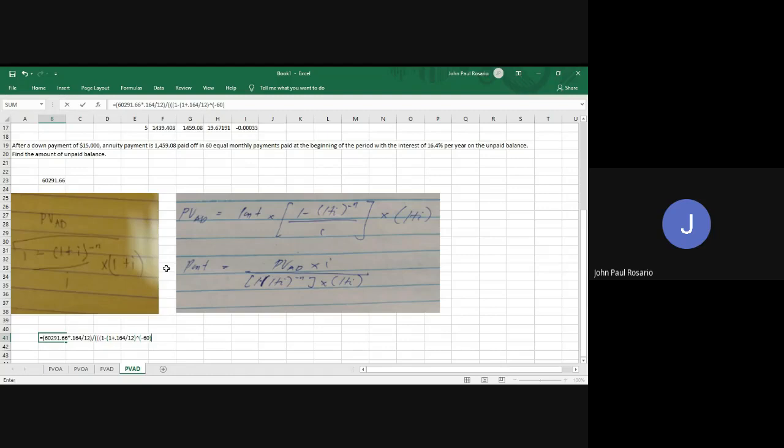And then times 1 plus 0.164 over 12. Okay, so 1459.08. We got the payment. Did you follow?